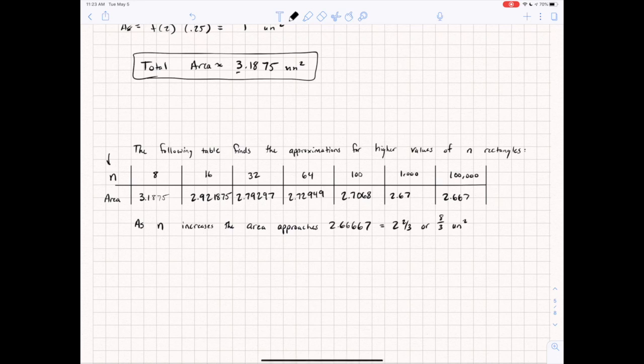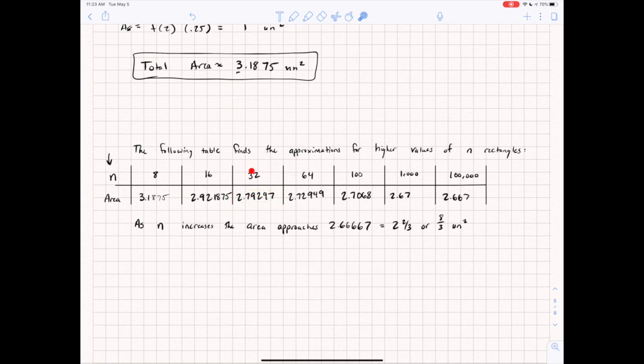And using the right endpoint, you can see the values that we would get for the area. So for 8, we got 3.1875. If I double that, my approximation drops below 3, but it only drops by about 0.2, right? And then again, this would drop a little bit less than 0.2 if I doubled it to 32 rectangles.